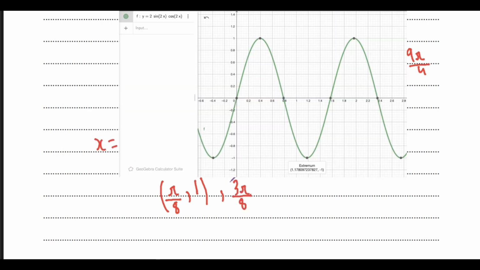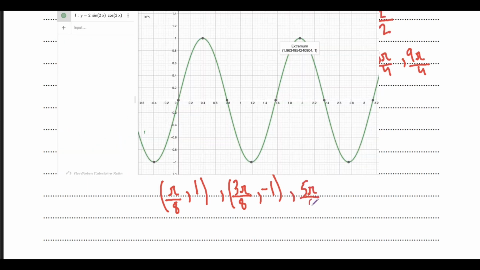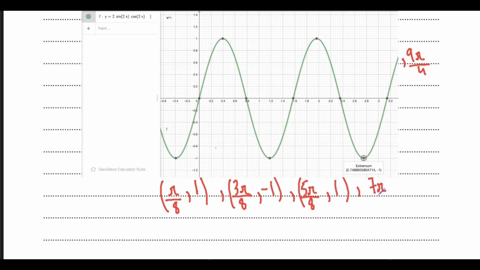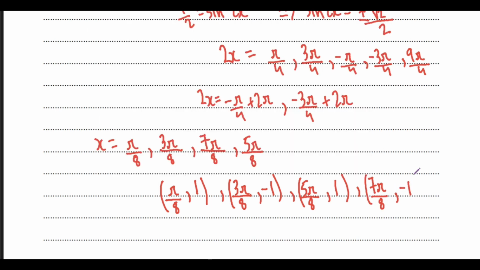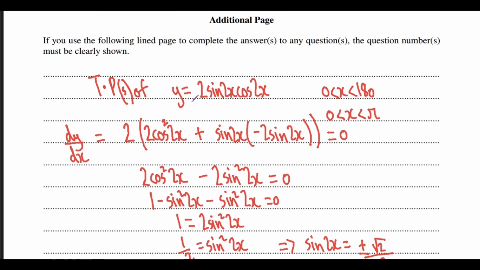So you have 3 pi over 8, and you have negative 1. Then you have 5 pi over 8, and you have positive 1 again. And you're going to have 7 pi over 8, and negative 1 again. So those are our 4 turning points for y is equal to 2 sine 2x cos 2x.